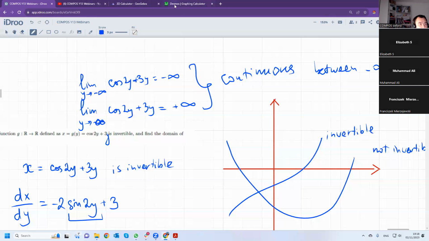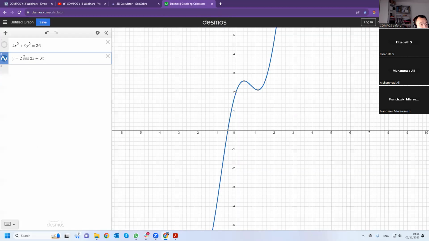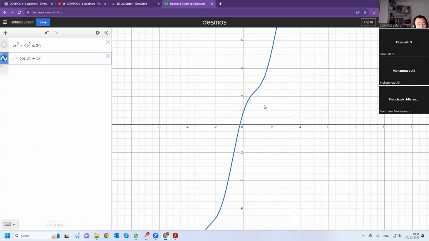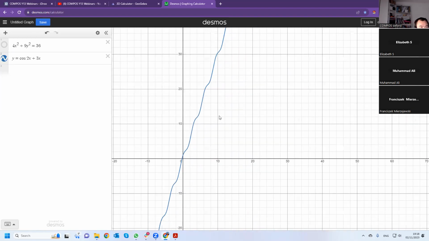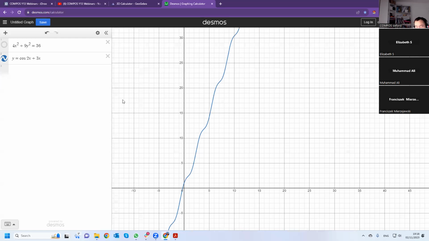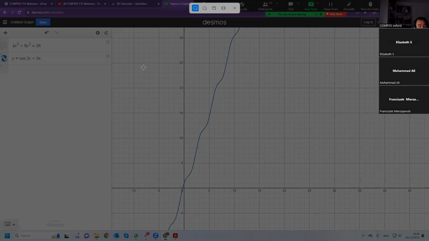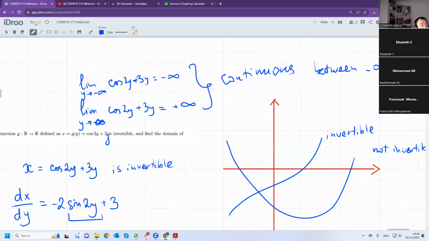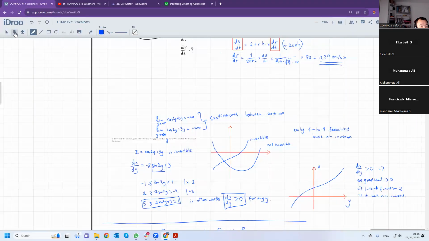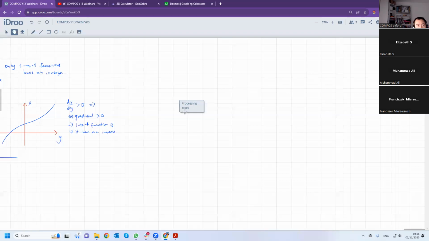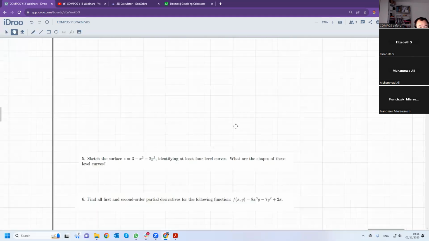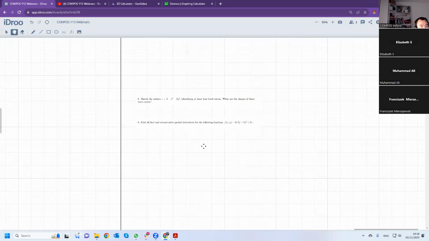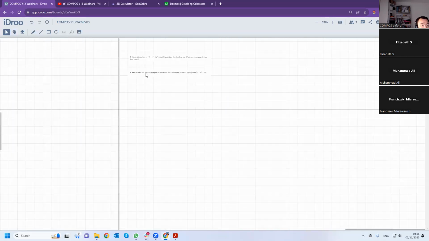Sorry, cos 2x, not 2 cos 2x. I got scared there for a bit. So you can see it's an increasing function. It's a monotonic function. Monotonic means constantly increasing or constantly decreasing.